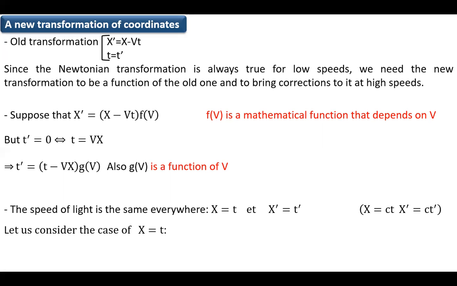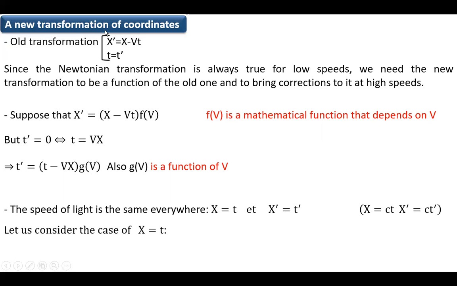We should use the Newtonian transformation and bring some corrections to make it true at high speeds. So the Newtonian transformation is not completely false; it's an approximation for low speeds. Now we need to find the real transformation that is applicable to all speeds.